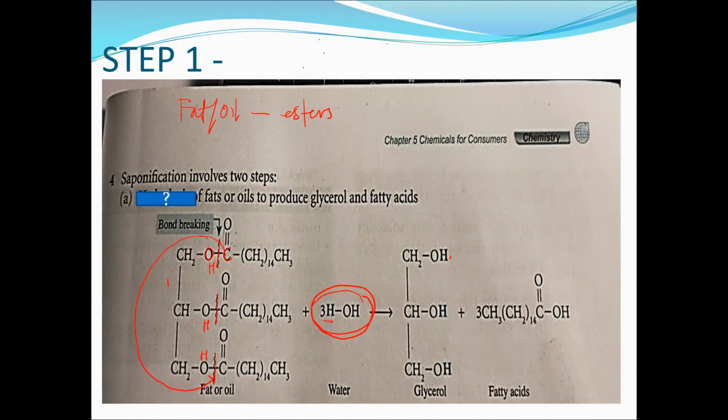This one is CH2, I got OH. So CH2OH, because the H came together. Then line, CH, dash, I got OH. So teacher writes back OH. Line again, CH2 dash OH. Same thing, CH2 dash OH.